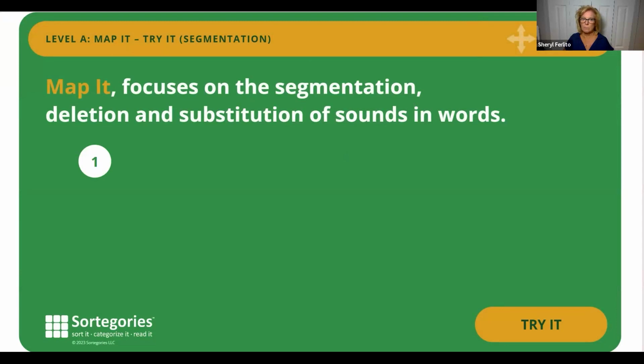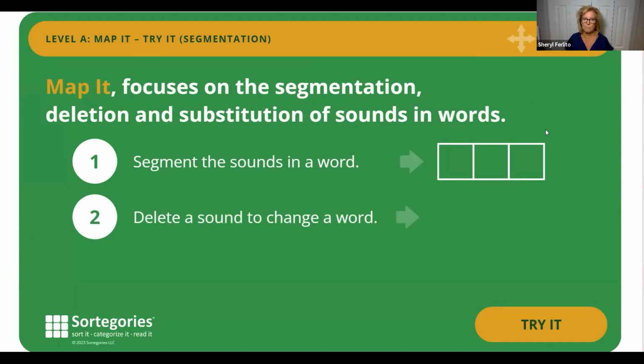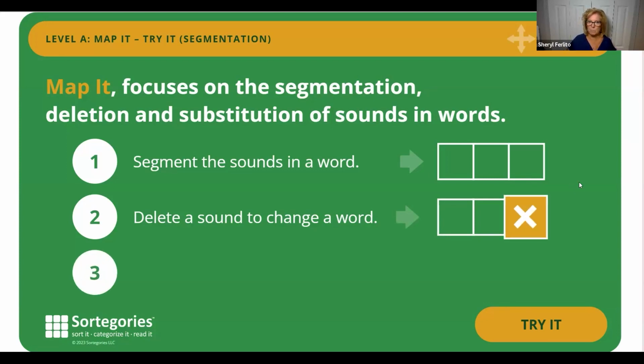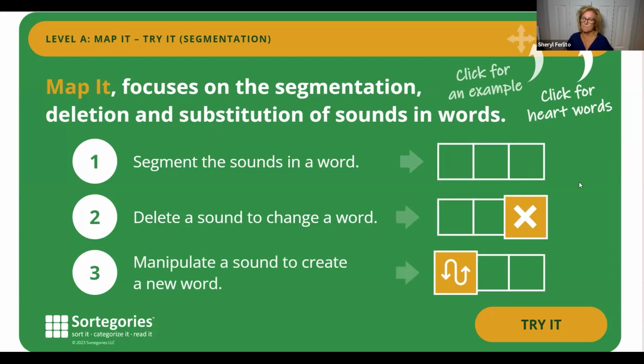In the first task of Map It, identify or segment each sound in a word. In the second task, remove or delete a sound to change a word. In the third task, change or manipulate a sound to create a new word. Click here to see how the heart lets you know the part that is tricky. Before you try it, click here to see an example.